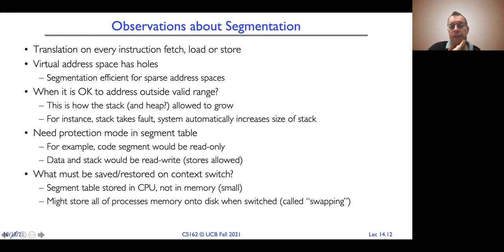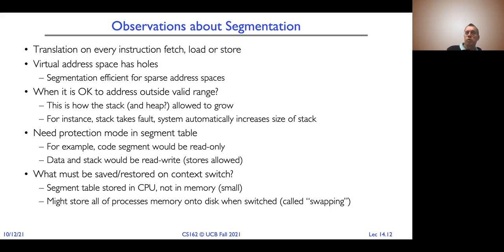Now, let's say we do a context switch. What do we need to save and restore when you have a process context switch? Besides, as you know, saving a bunch of things like file identifiers and things like that, the other thing we need to store is the segment table.